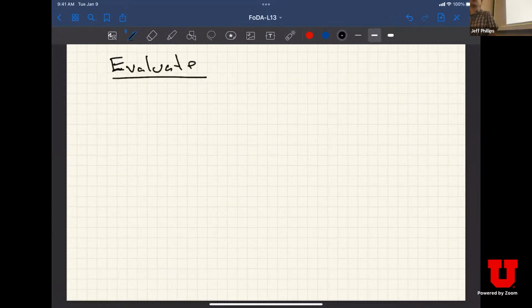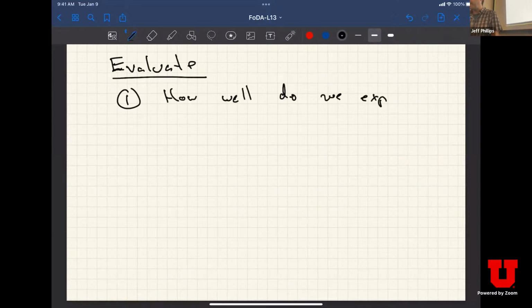Okay, and there are two things that we're going to be using the evaluation for. One is, how well do we expect m alpha, or some model that we can predict, to work on new data, right?